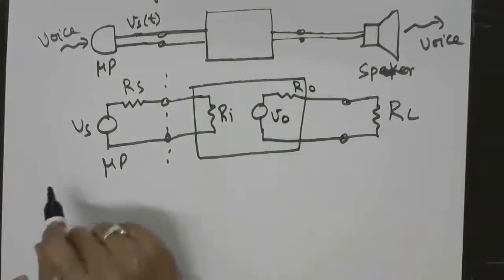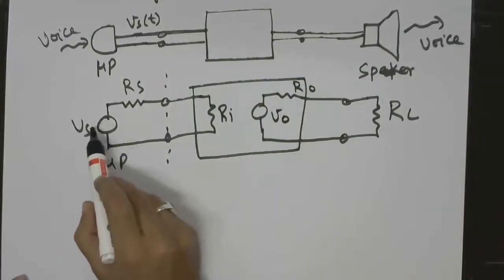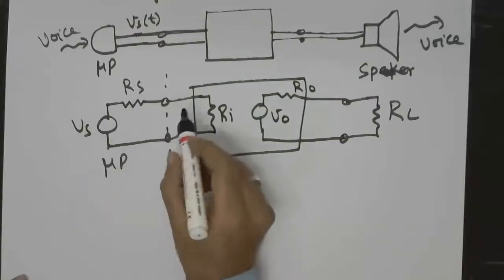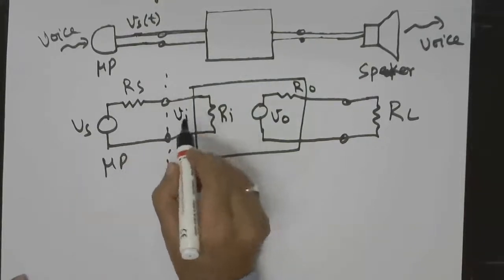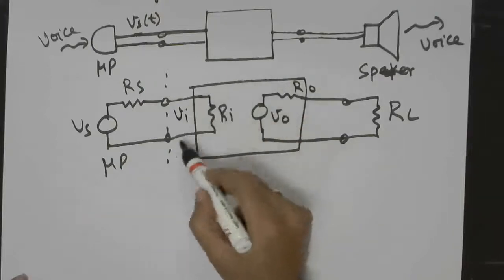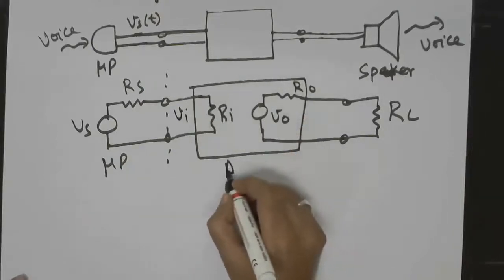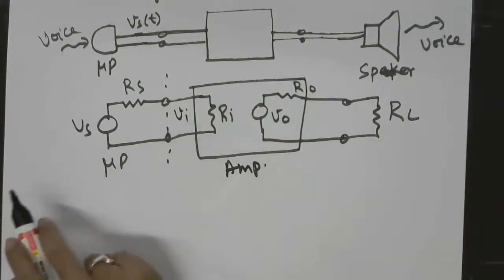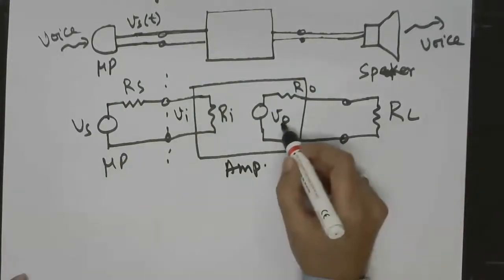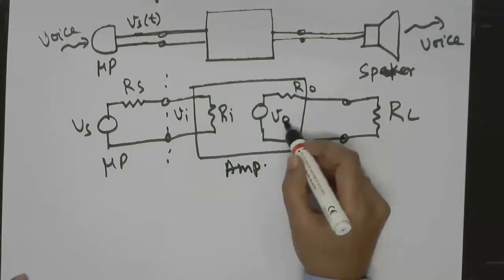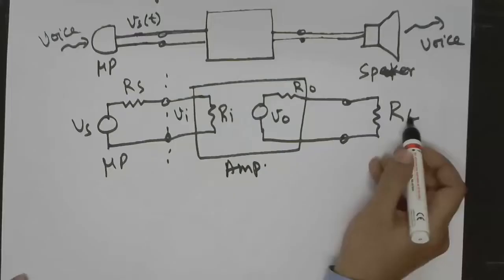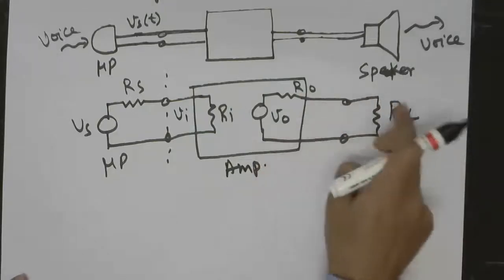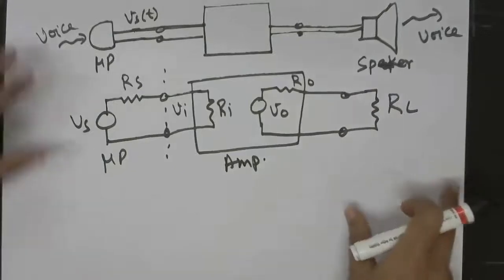So what we want here is that this source will produce a voltage in this loop. Now you can see there is one loop on the input side, and the input that will be sensed by this circuit, which we will call as amplifier, is Vi, and then what we want is a large Vo on the output side, so that my load senses a large voltage, and if this is large, of course there will be large power also.